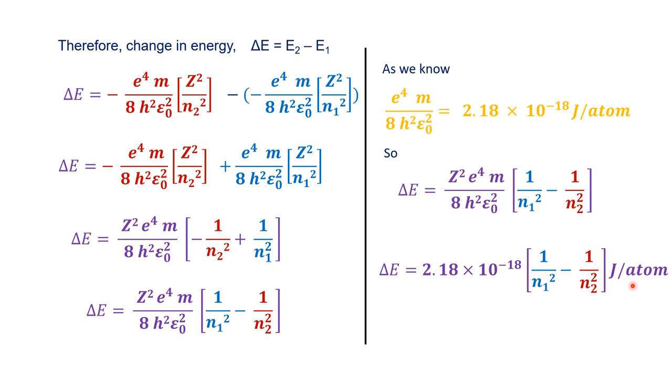And if we calculate this value in terms of kilojoule per mole, then the formula is 1312.36, 1 divided by n1 square minus 1 divided by n2 square kilojoule per mole. So these are the two formulas for delta E in terms of joule per atom and kilojoule per mole.